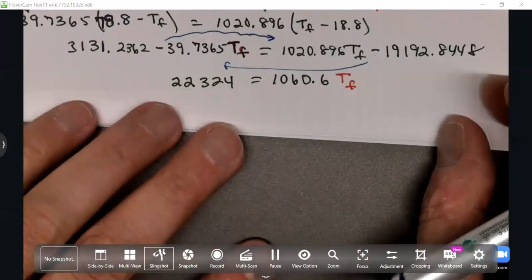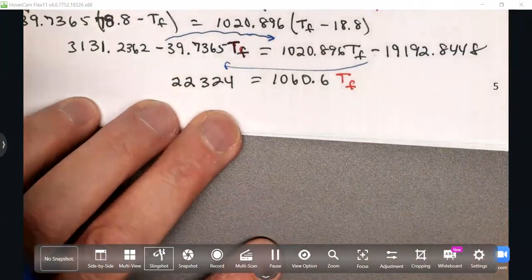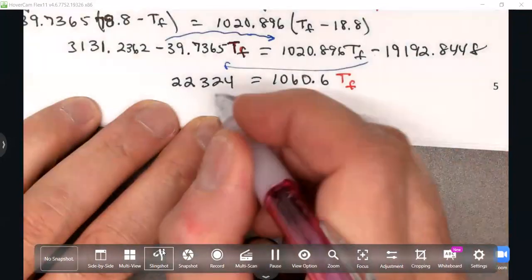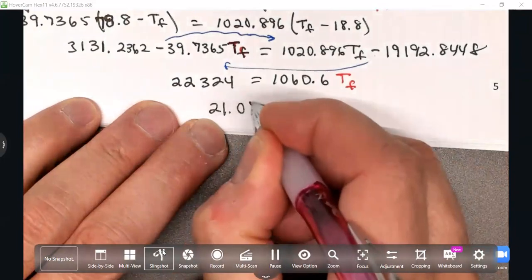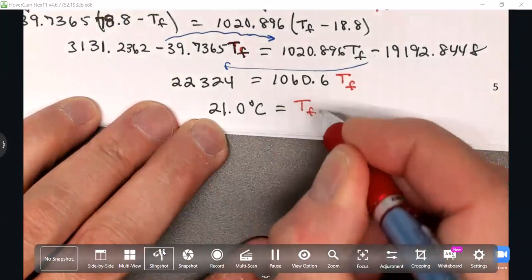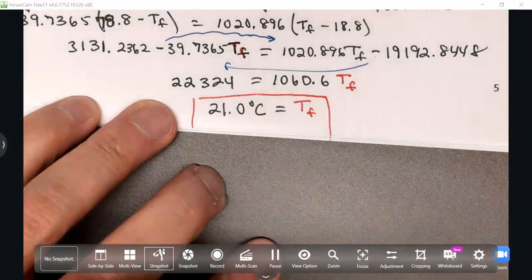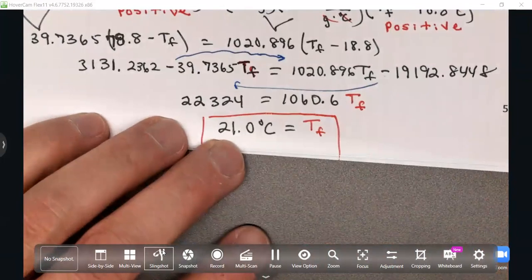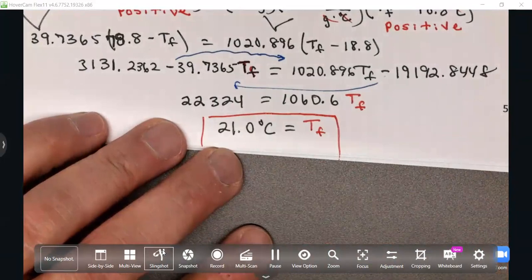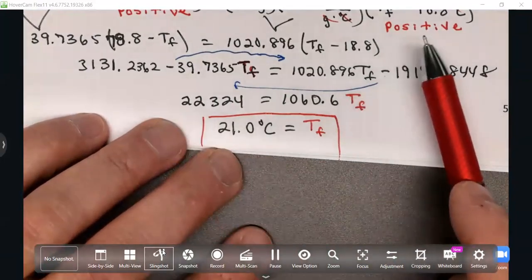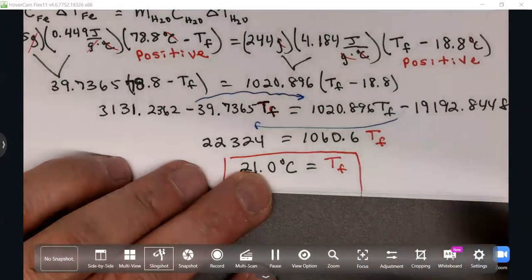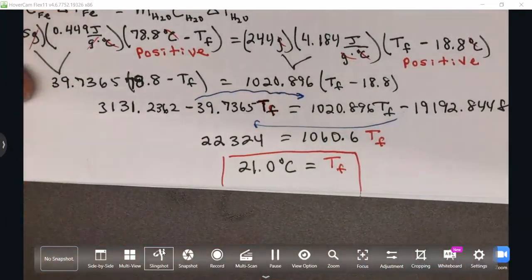And then if we divide both sides, we end up with 21.0 degrees Celsius is T final. It ends up being quite a bit to crunch these, but again, when you do these in OWL, think of what's going to happen if you make the temperature changes positive. It just makes life so much easier.